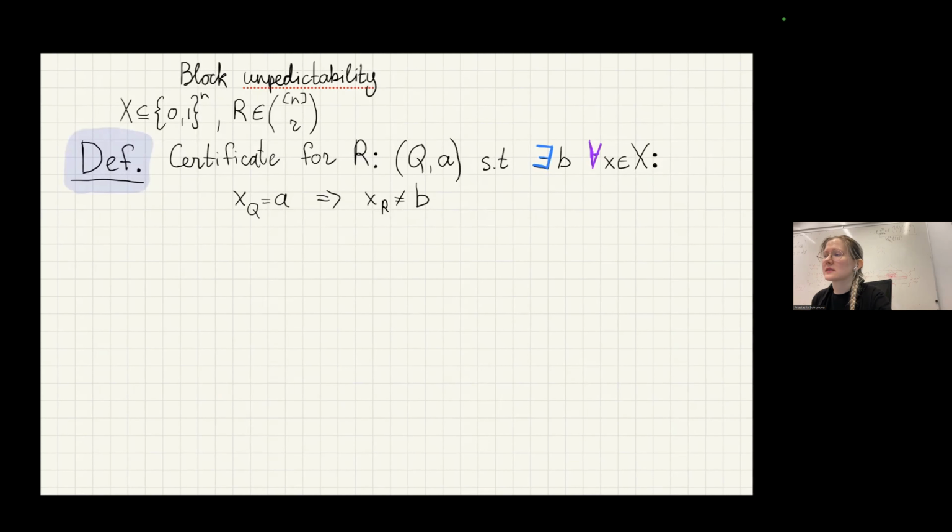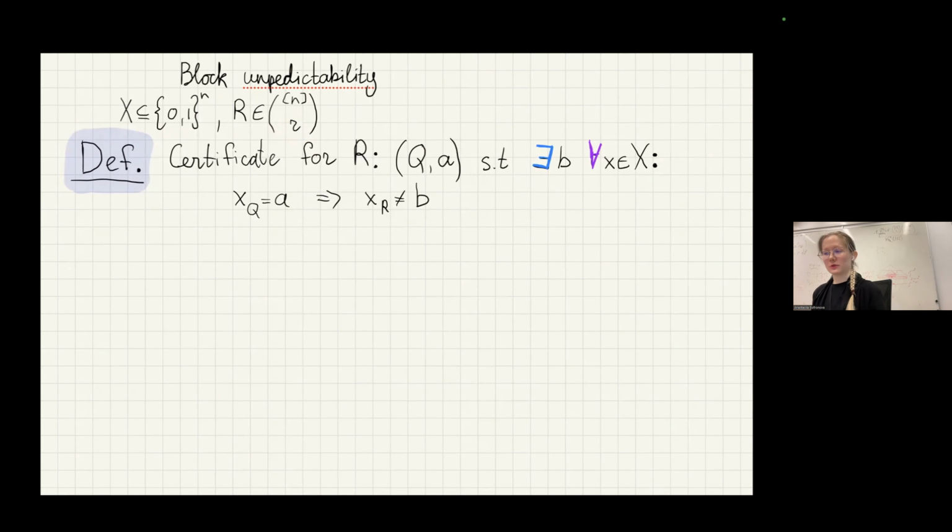In some sense, that's the hardest case, I guess, where we have this large entropy requirement. Anyway, we have the set of strings, and we also have some blocks of bits.